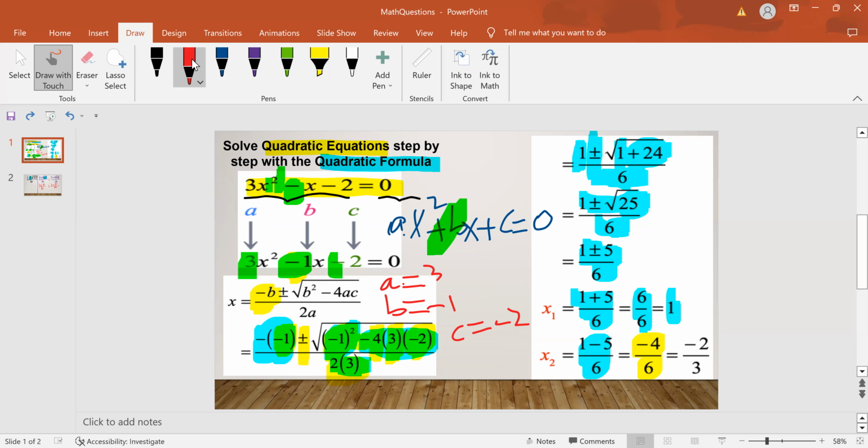Because if you have this in an exam or a test, they will tell you, okay, x equals 1, x equals negative 2 over 3, or x equals something different. So the choice with 1 and negative 2 over 3 will be the best choice.